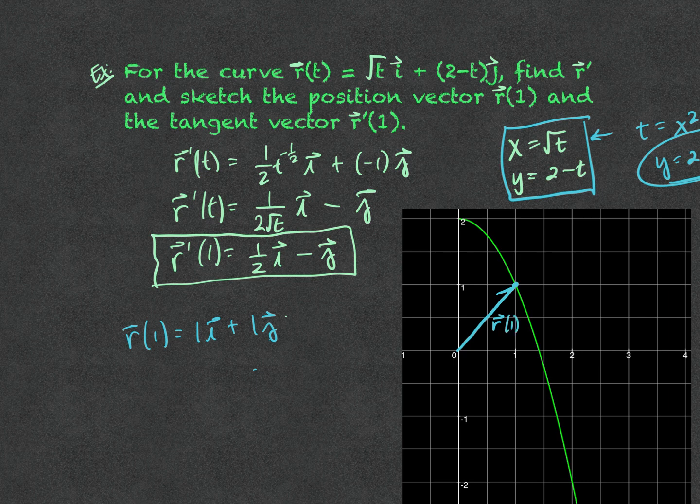So the way we sketch our tangent vector is we start at the point (1, 1), which is our corresponding r1 point right here. And we're going to point our tangent vector in the direction of the increasing t. So as t increases, this line goes down, so our tangent vector goes down like this. I'm not going to draw it very long, I'm just going to draw it like that. So we have sketched in our tangent vector r1.